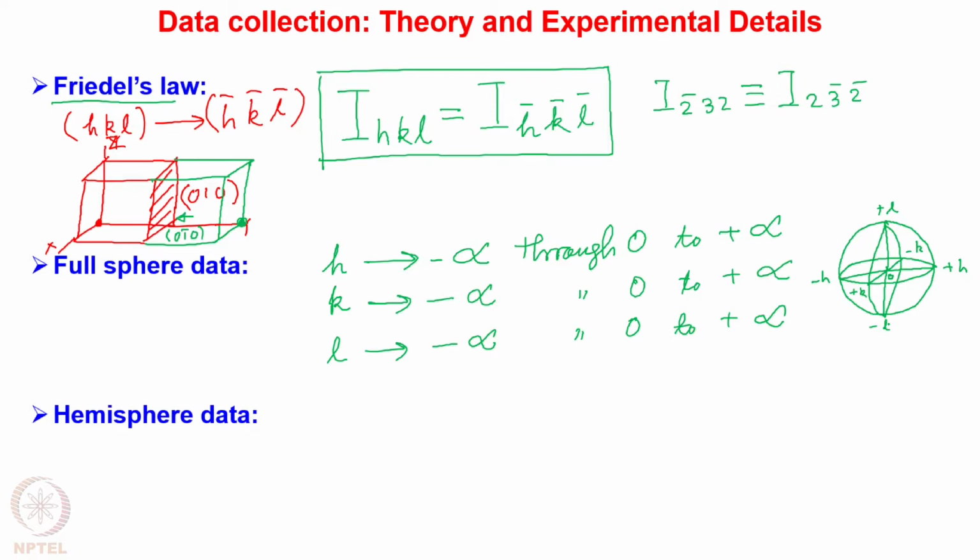So now if we try to collect only one part of Friedel's law, that means if we either want to collect this or that, we only need to collect half of this entire sphere. So that means one among these H, K and L we can start from 0 and collect up to infinity.